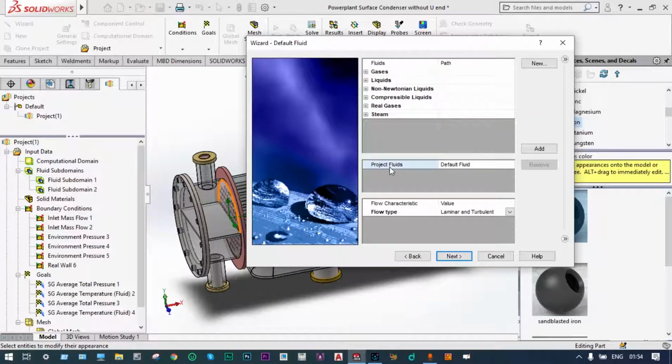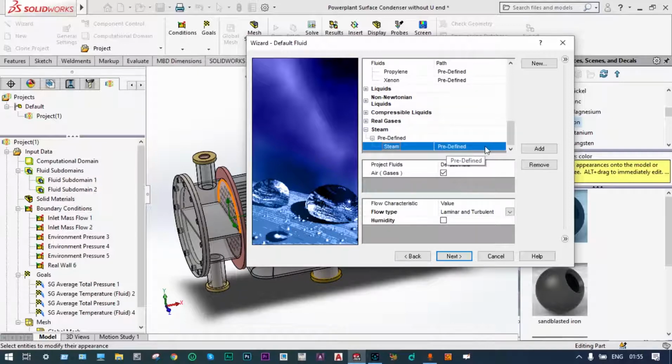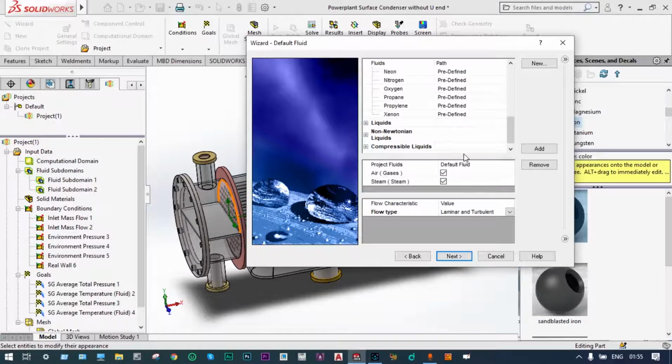Next, so default fluid will be taking air and steam, and will provide cold water for reducing the temperature of steam. We're taking air as default gas, which will remain outside this surface condenser, and we're considering steam also as main fluid, and we'll supply water as a coolant.